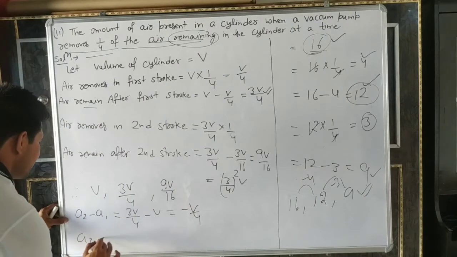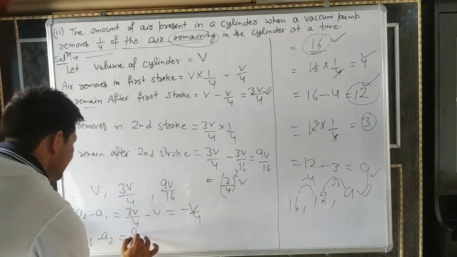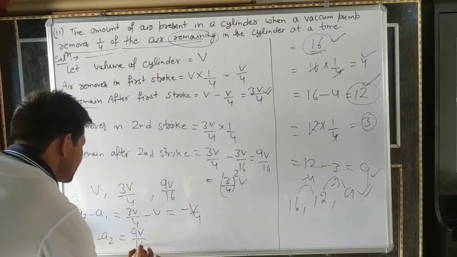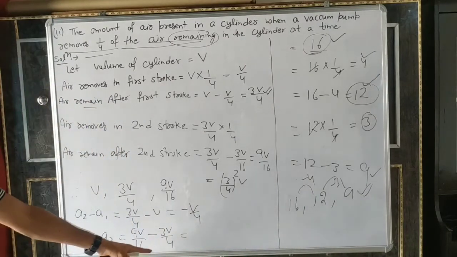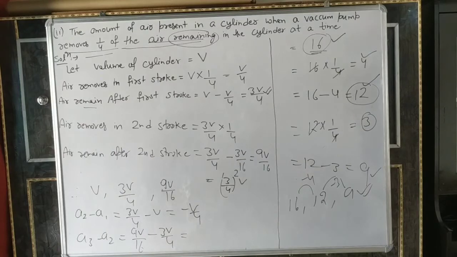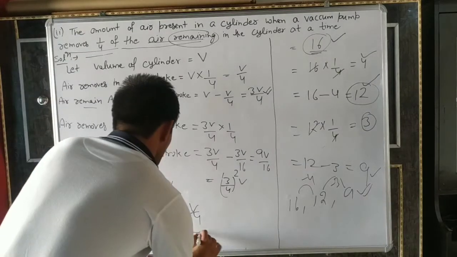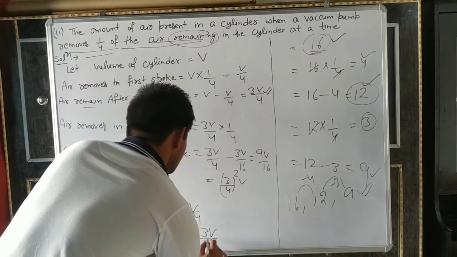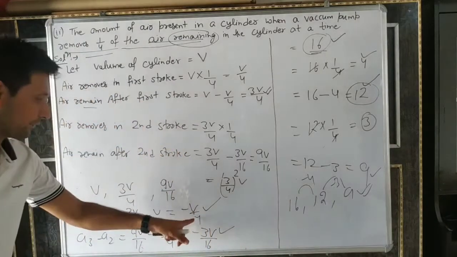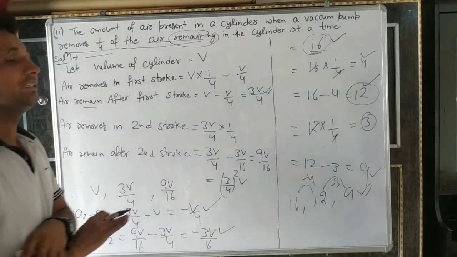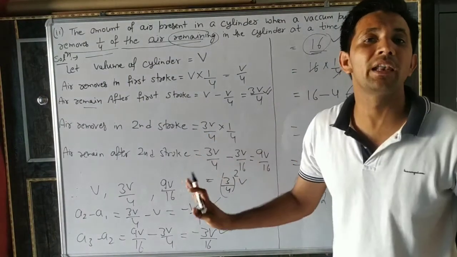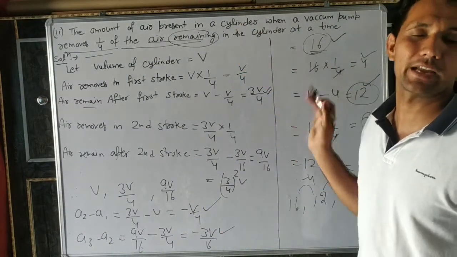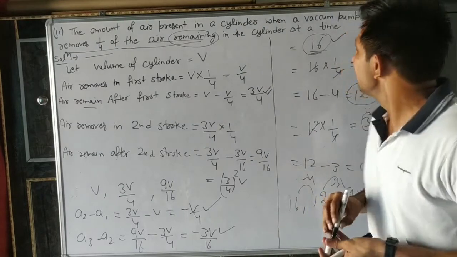Next, A3 minus A2: 9V upon 16 minus 3V upon 4. Taking LCM again, it becomes, I think, minus 3V upon 16. The differences are not the same. So therefore it does not become an AP in this second example. Understand here?